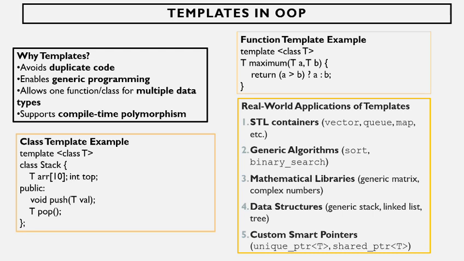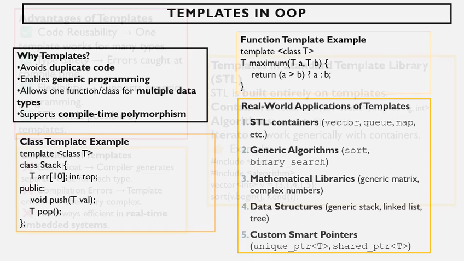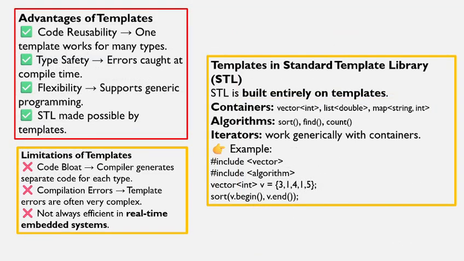And real world applications of templates: it is used for STL containers, generic algorithms, mathematical libraries, data structures, and custom smart pointers. Advantages of templates: code reusability, type safety, flexibility, and STL made possible by templates. What is STL? It is the Standard Template Library.